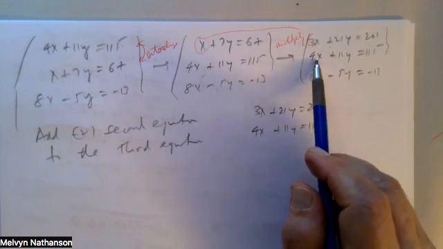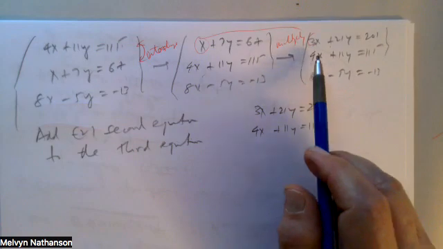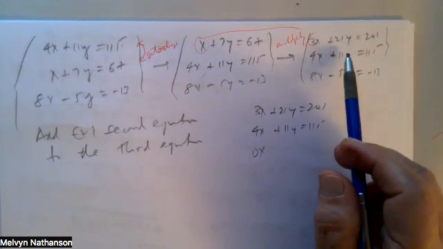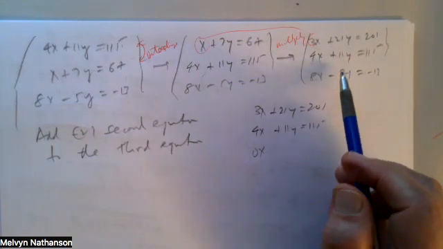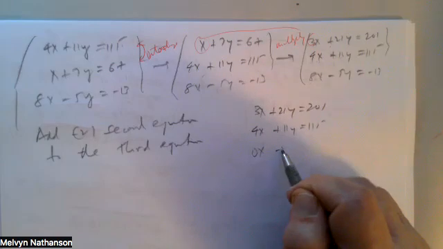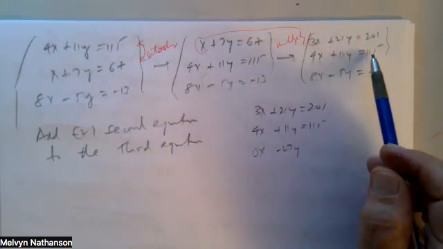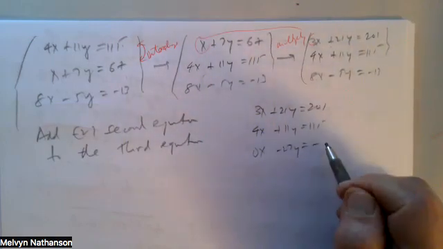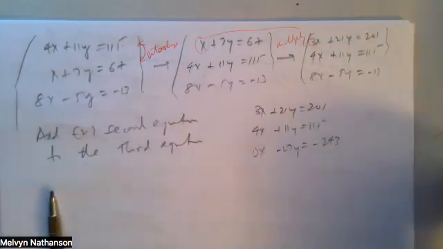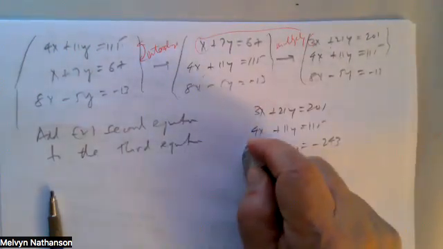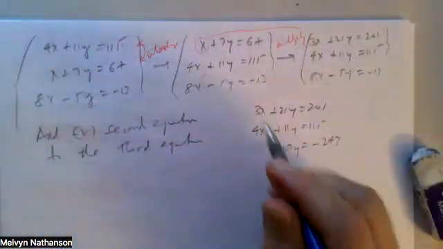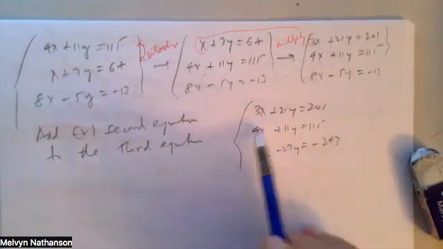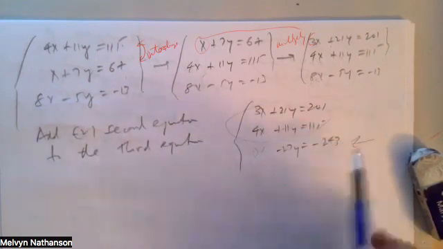Minus 2 times 4x is minus 8x. When I add them, minus 8x plus 8x is 0x. Minus 2 times 11 is minus 22. Minus 5 is minus 27y. Minus 2 times 115 is minus 230. Minus 13 is minus 243. So when I add minus 2 times the second equation to the third, these don't change, but I get this new equation.